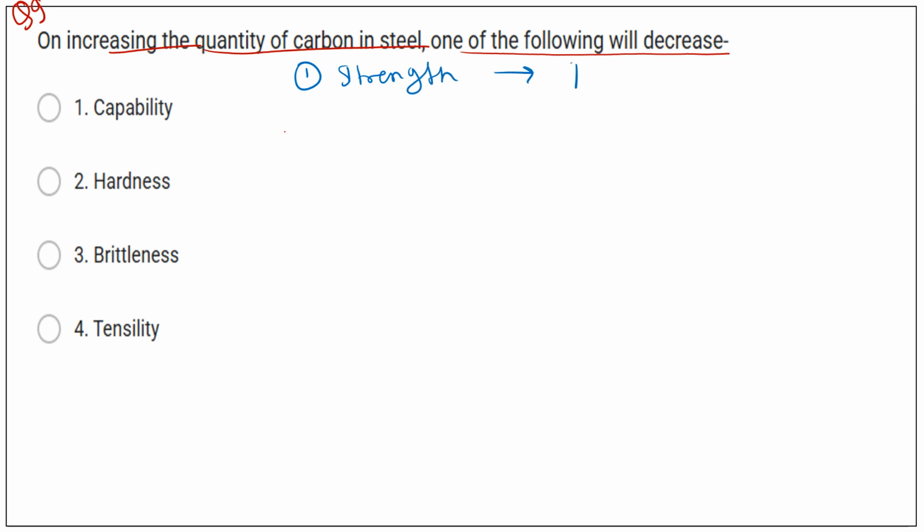Second, if you increase the quantity of carbon in steel, then because of the carbon, the steel goes from pure carbon to impure carbon, or impure steel.